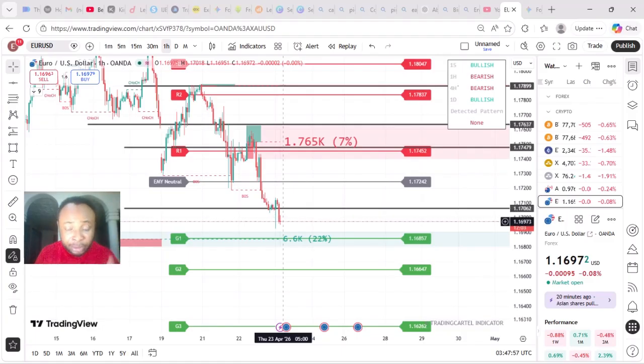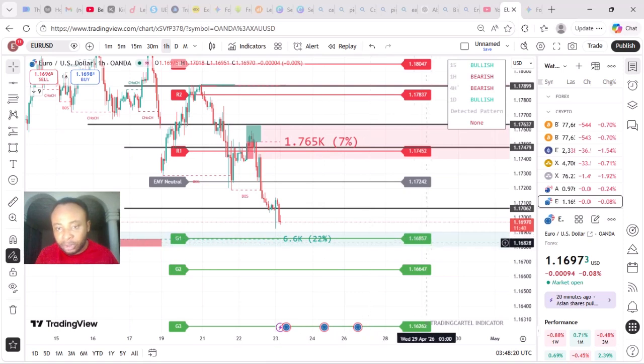Now there are two possibilities here, either here or here. You can reverse again, buy, and just start buying back. You can test it, then finally break it. So for those trading this, this is EUR/USD. Take note of these zones.